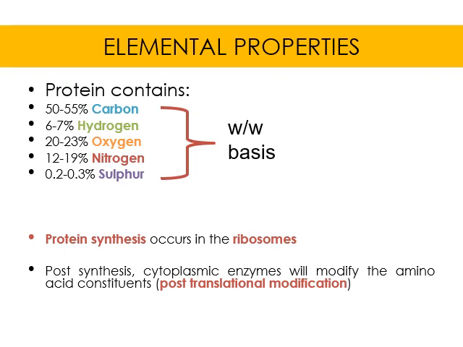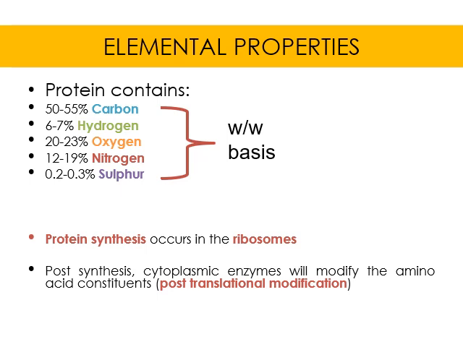Protein is one of the major components of food. What makes protein unique compared to other components is that it contains nitrogen, around 12 to 19% of its composition. Biologically, protein is synthesized in the ribosomes, where the messenger RNA transcribed from the DNA is translated. The sequence of your DNA will determine the sequence of amino acids in your proteins.